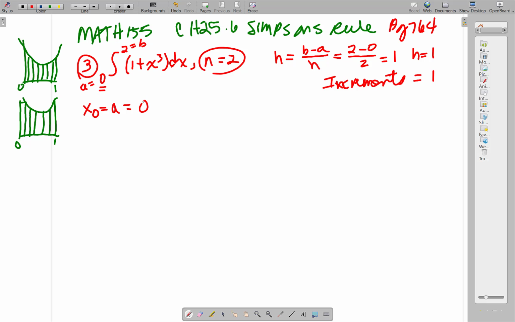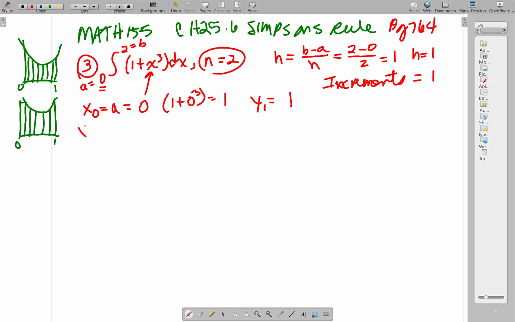So you take your lowest value, 0, and evaluate it in this function: 1 plus 0 to the third, which equals 1. So y sub 0 equals 1.